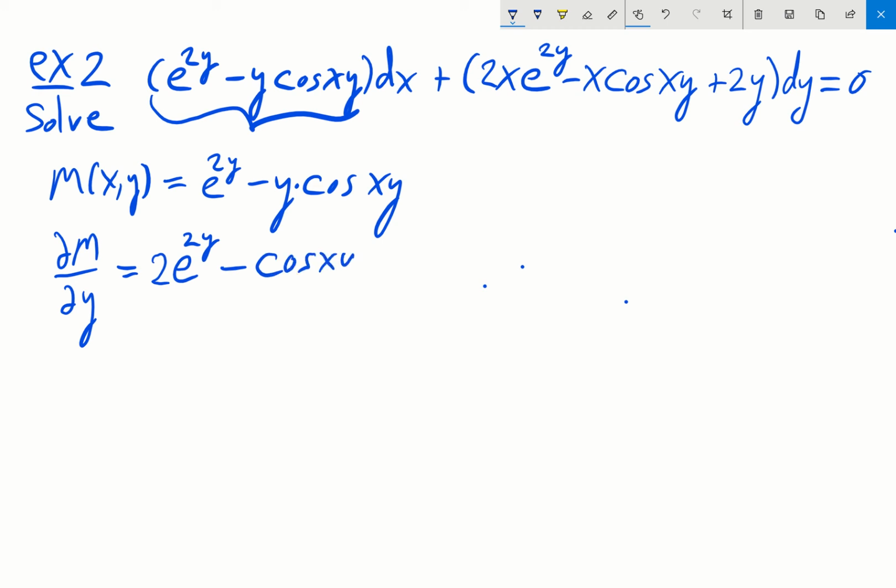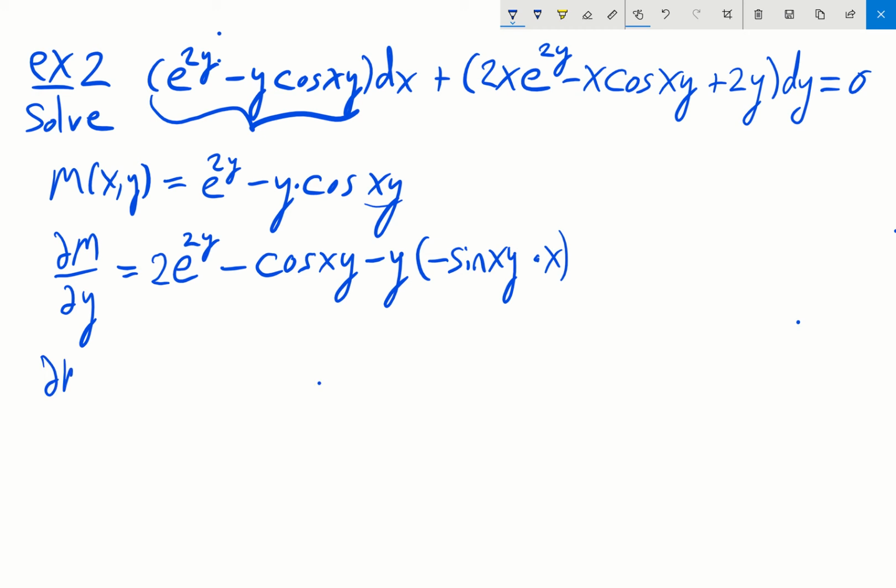Leave the cosine of xy term alone. And now we have our minus y. We now need to multiply by the derivative of cosine xy. We know the derivative of cosine is negative sine. So we're going to get a negative sine of xy. And then from the chain rule, the derivative of the inside with respect to y would give us x.